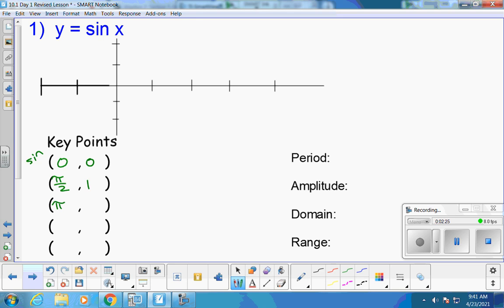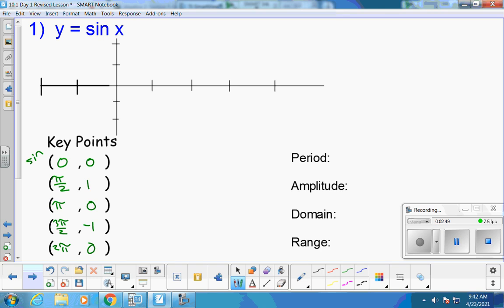If you go to pi on the unit circle, which is 180 degrees, what is the sine value there? 0. Let's head down to 3 pi over 2. What is the sine value down there? Negative 1. And then when we complete, we're back to where we started, but I'm going to call that 2 pi, and the sine value where we started was 0.